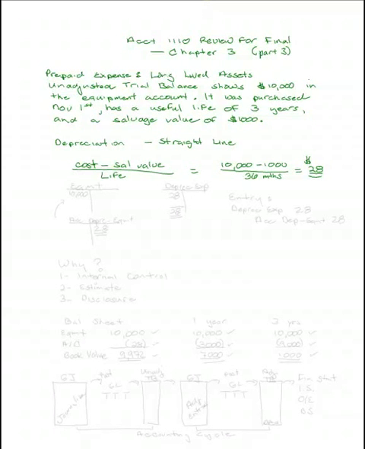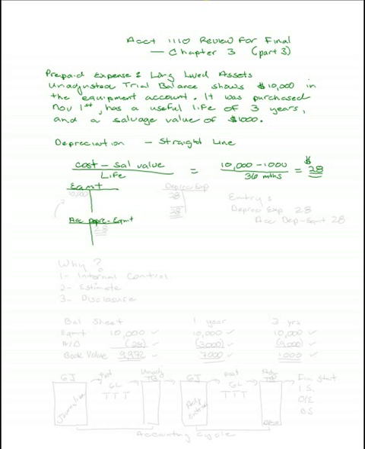We have an account on the unadjusted trial balance called equipment, and it's going to have another account on the trial balance called accumulated depreciation equipment that relates to this. It's a new account we have as of this chapter. It's a contra asset.